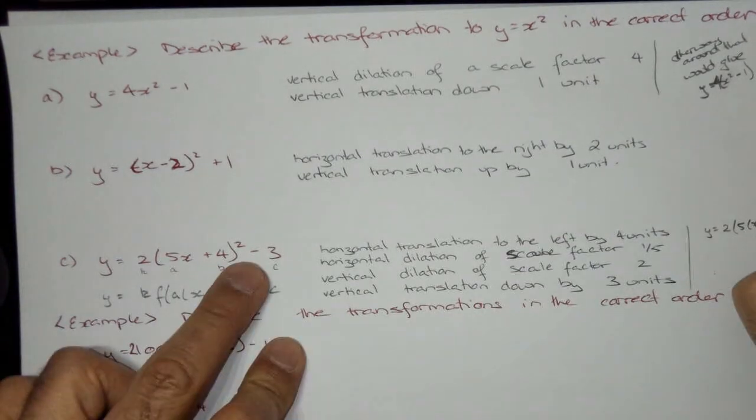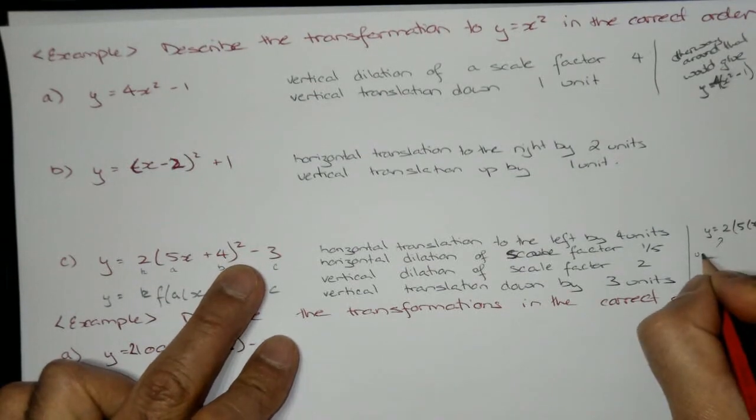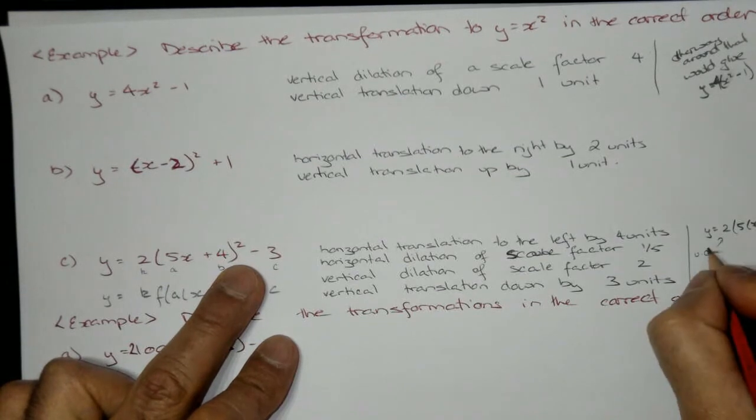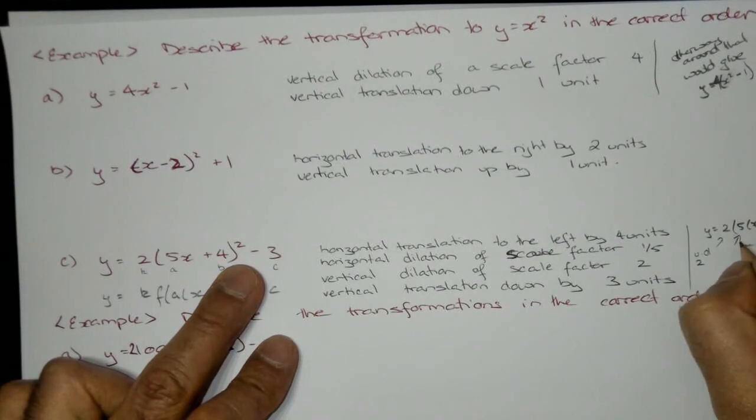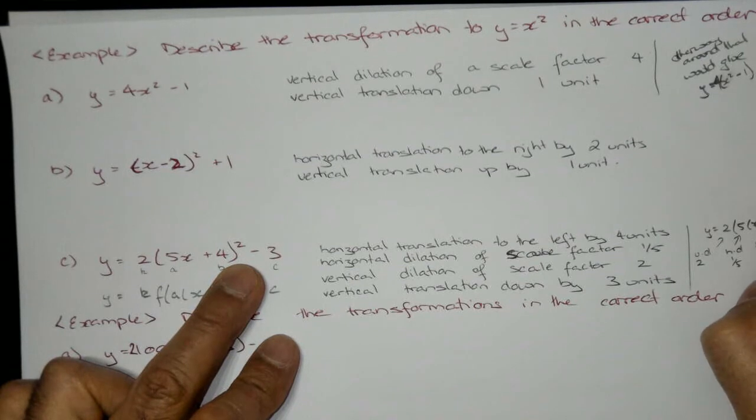Minus 3, that would give us your vertical dilation of 2, a horizontal dilation of 1/5, a horizontal translation of 4/5, and then a vertical translation of -3.